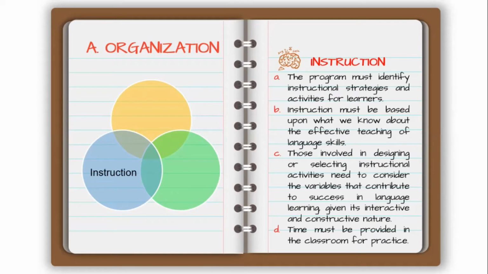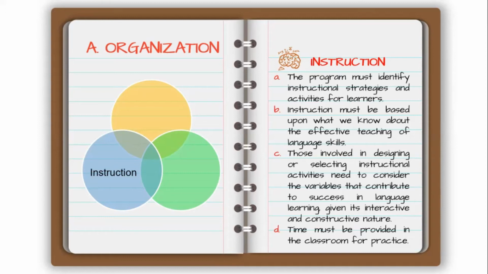Next factor is instruction. The program must identify instructional strategies and activities for learners. Instruction must be based upon what we know about the effective teaching of language skills. Those involved in designing or selecting instructional activities need to consider the variables that contribute to success in language learning, given its interactive and constructive nature.